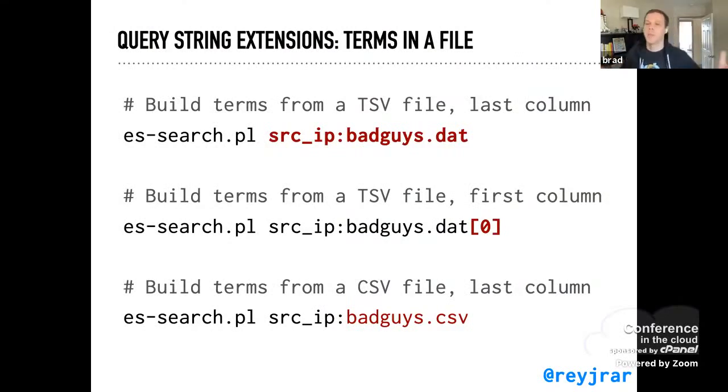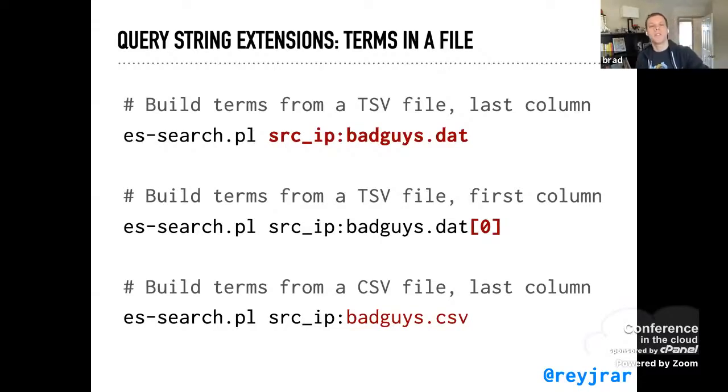Again, security and operations people, we carry around text files full of data, and sometimes we need to take a column of that data and use that as a feed for our query. So I added support for pulling data out of structured text files. This will work with tab delimited files, white space delimited files, comma separated files, and newline delimited JSON files.